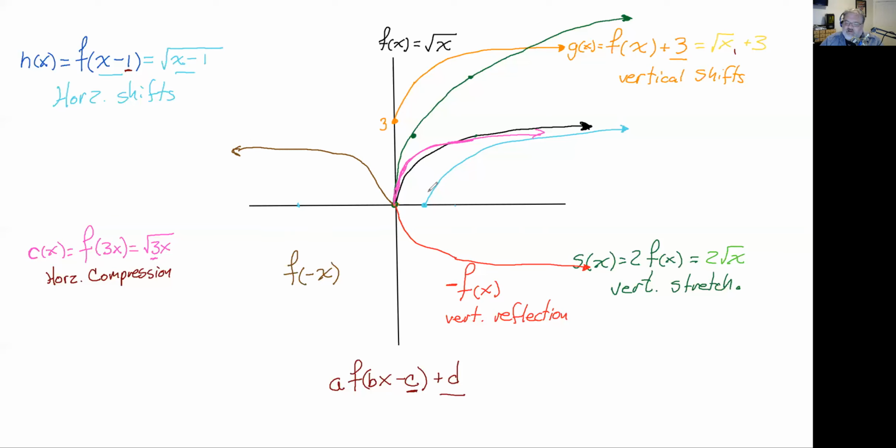Anyway, it's going to take everything on this side, flip it to the other side. If there was stuff on this negative side, the negative of the negatives would turn them positive. So it's, again, just mirroring this whole graph, but in the horizontal direction. So often referred to as a horizontal reflection.